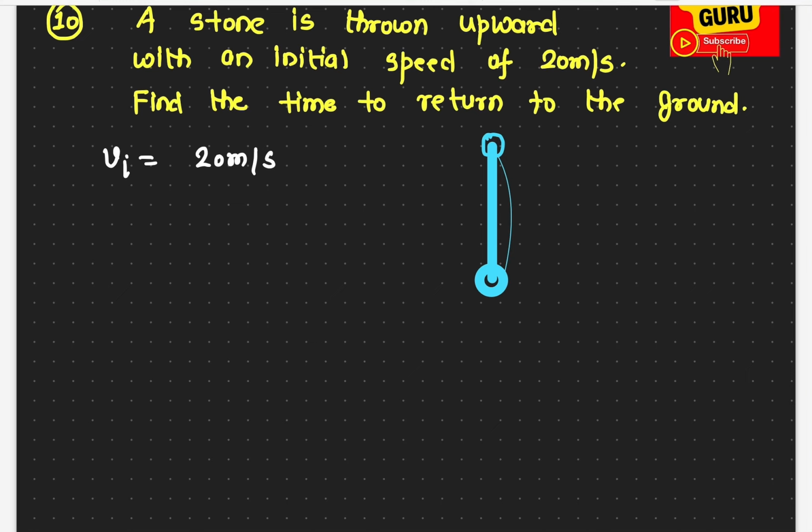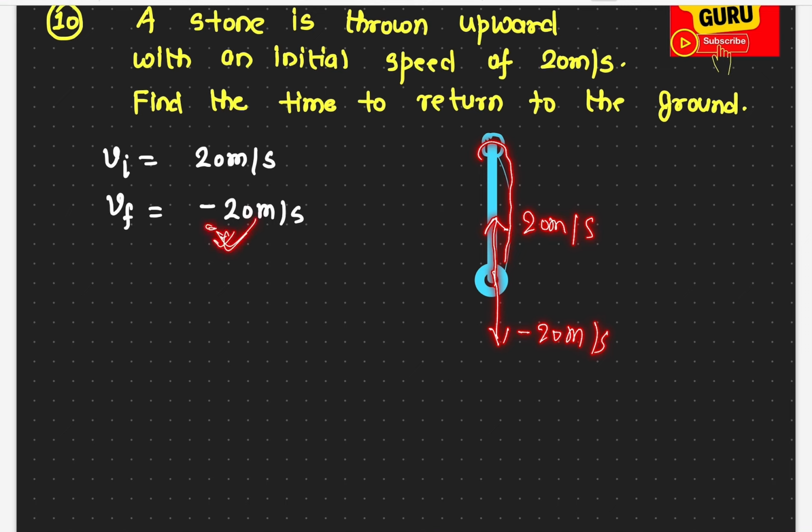And now, what is my final speed? Do I know my final speed? In fact, if we simply ignore all the air resistance, the final speed will be negative 20 meters per second, because you are throwing the ball upward with 20 meters per second. When the ball comes back, the direction would be opposite, so negative 20 meters per second.